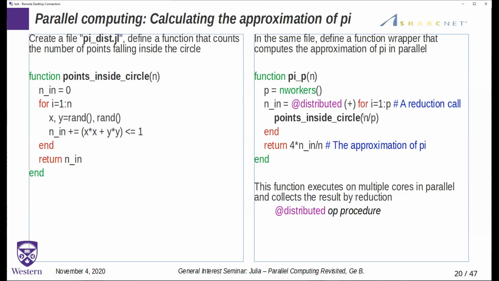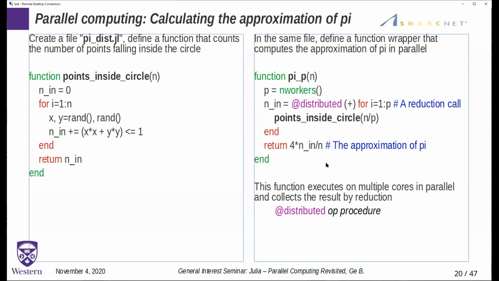So essentially what this does is we dispatch chunks of the for loop to each worker, and in the end, we collect all the countings of the votes back, add them up and store them in this variable n_in. So we have individual workers count the number of points inside, and then we sum them up, and we get an approximation for pi from 4 times this ratio.